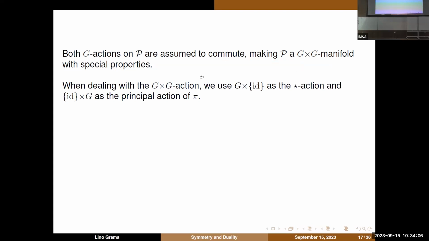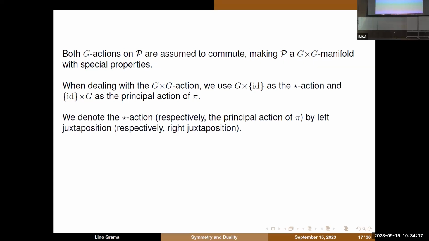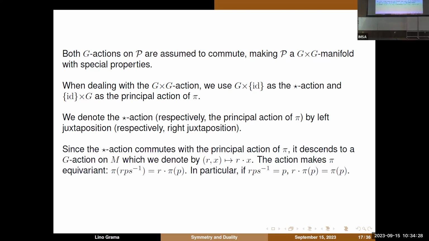If you consider G times identity as the star action, and then another, the principal action, pi. We denote the star action by juxtaposition from the right and left in the computation.